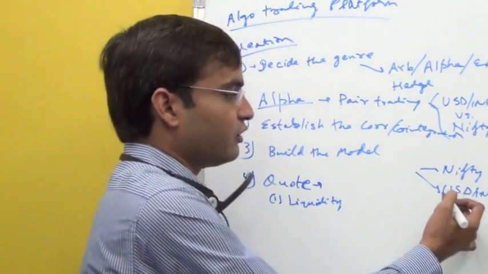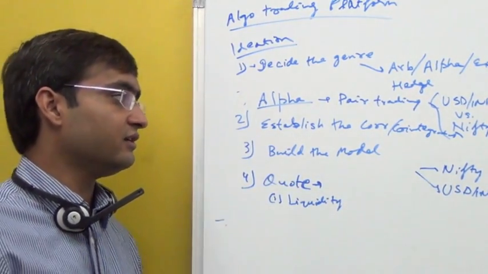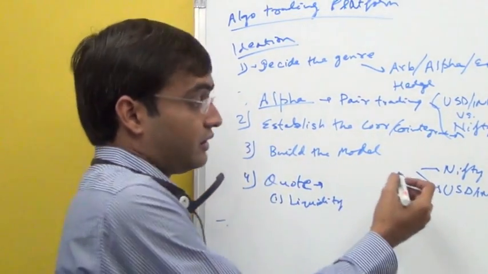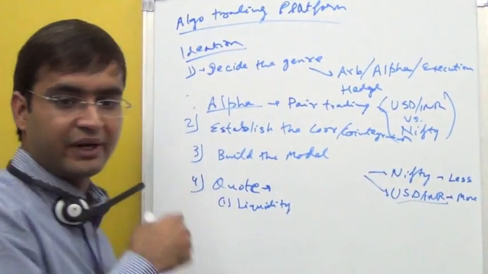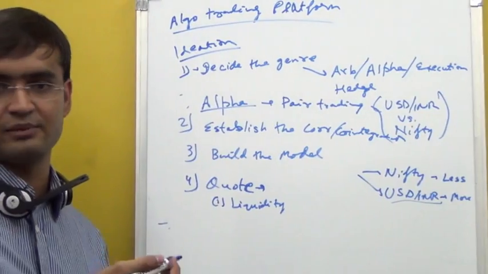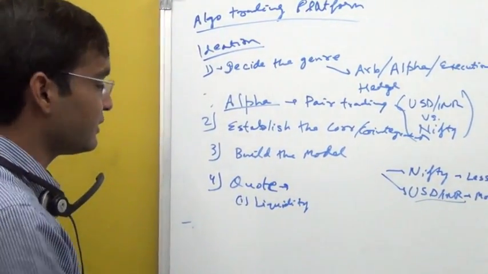So I decide I want to quote in USD/INR, right? If I'm quoting USD/INR, I get a fill here, but since Nifty is less liquid, I might face a larger risk of slippage. So I might get a worse execution price.